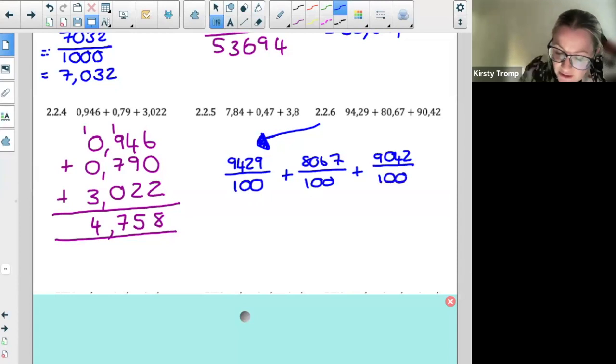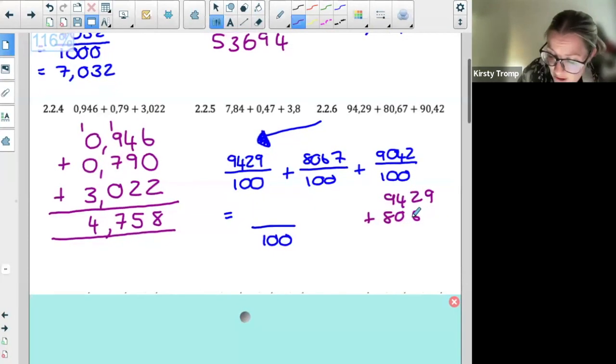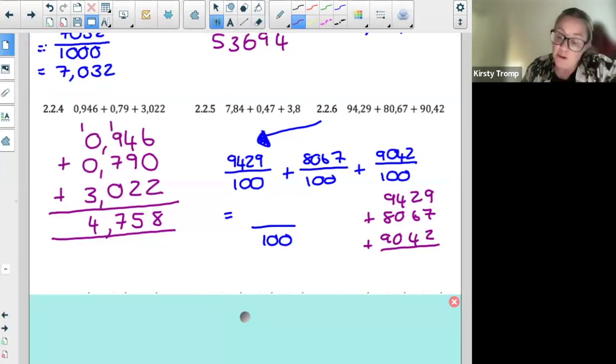Now there's no need for us to find a common denominator. Am I right? Yes, ma'am. So it's going to be 100. So all you had to do then was go to the side here and add these big numbers up. Am I right? Yes, ma'am. Okay. And you could use your calculator if you wanted to, just to make sure, because you're allowed to do that in grade 8 now, hey? Yes, ma'am.